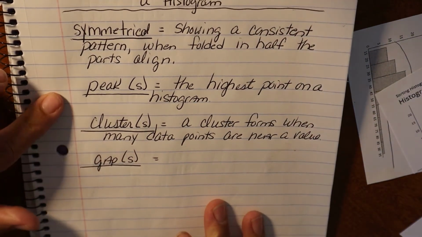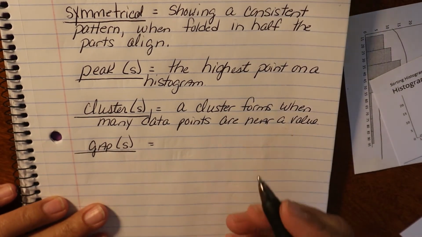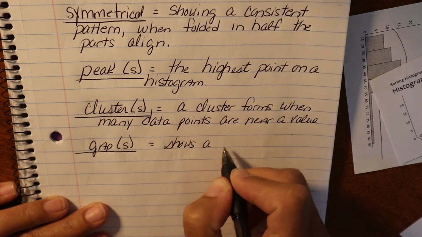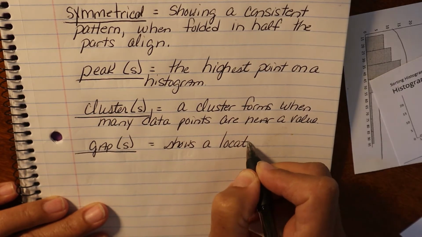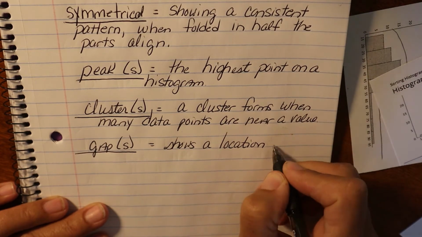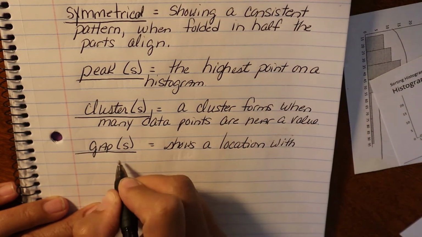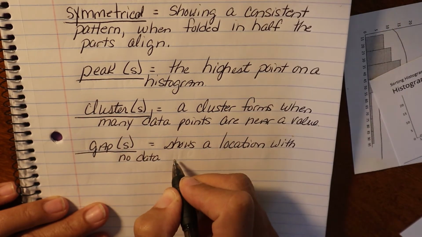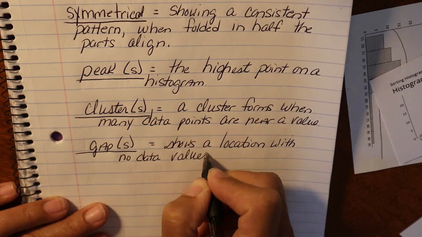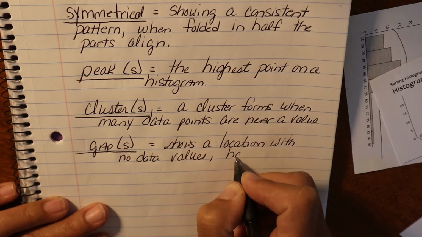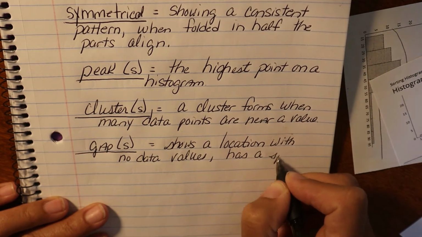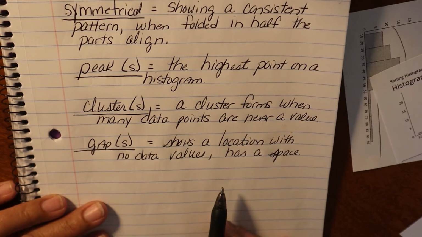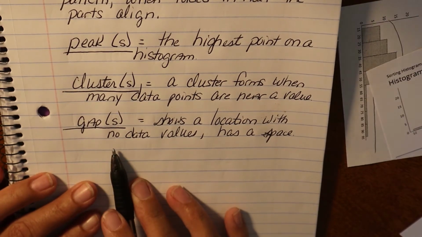Just like clusters and peaks can have more than one, a gap shows a location with no data values, comma, has a space. Has a space. Let me show you some examples of some histograms that have gaps.